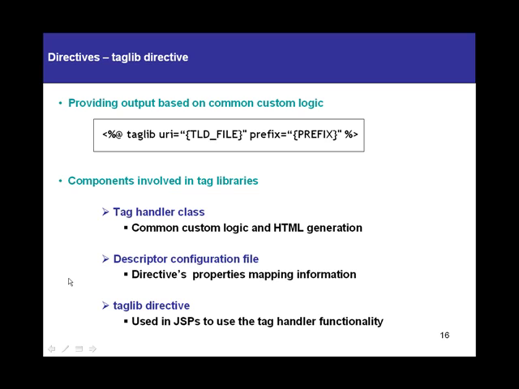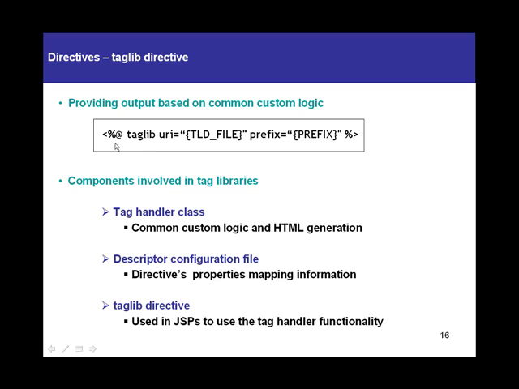So let's discuss what are the components involved in the tag libraries, so that we get a more clear picture on what tag libraries are and how do you use the Taglib directive and why it is used. So the Taglib directive syntax looks something like this.